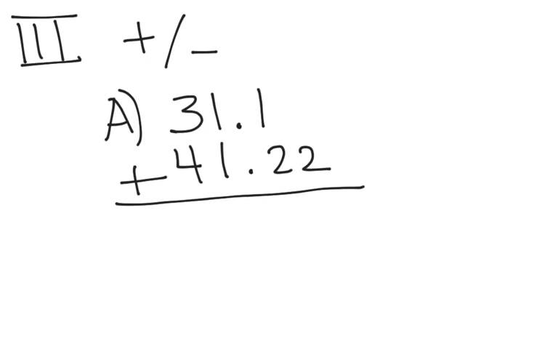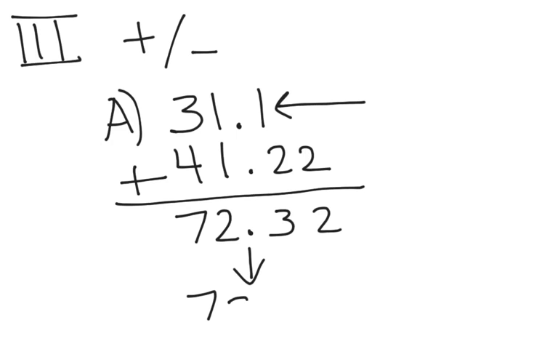The answer will be 72.32. My least precise number in the calculation is 31.1, which is precise to the tenths place. Therefore, my answer should be rounded to the tenths place, or 72.3.